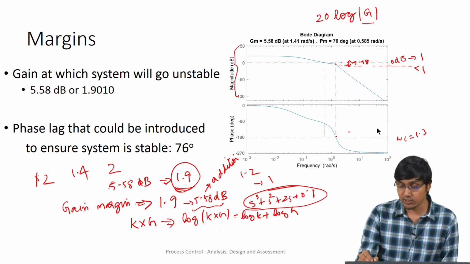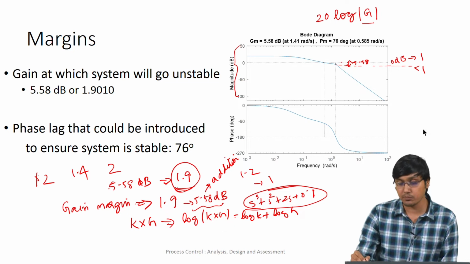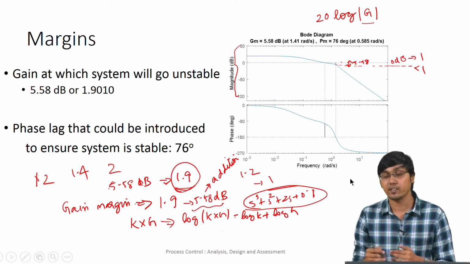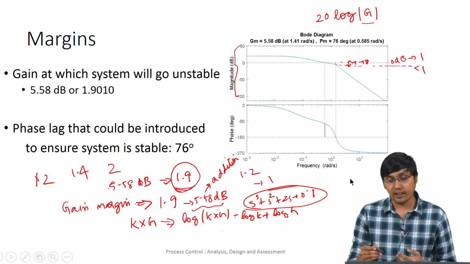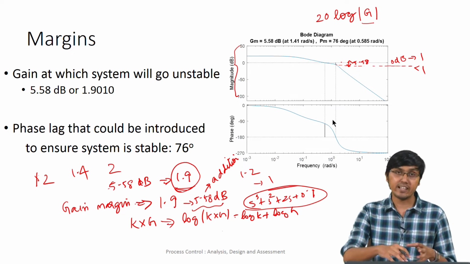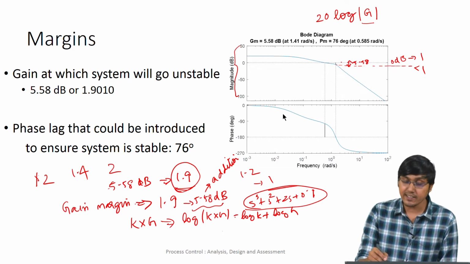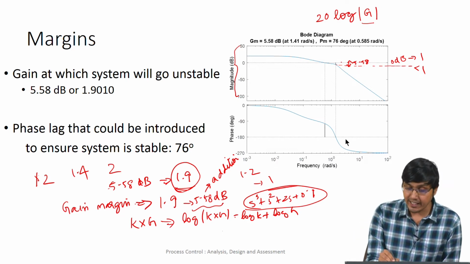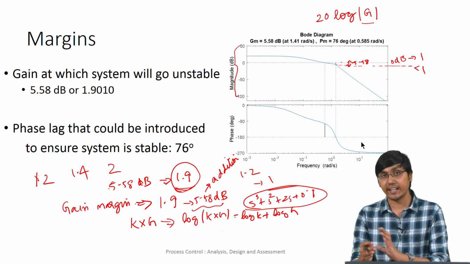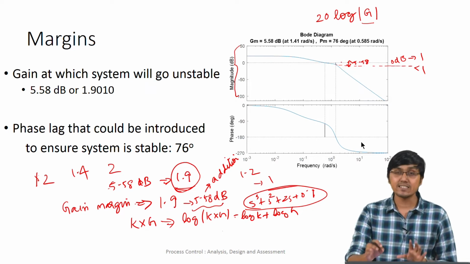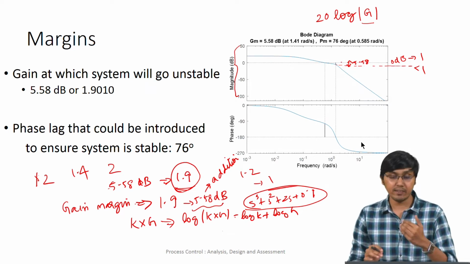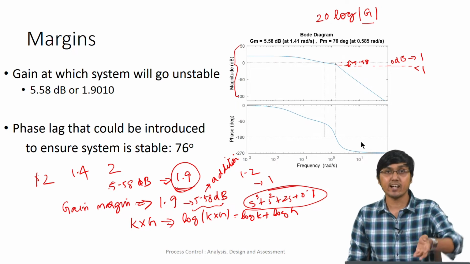Now I assume that I made some mistake in modeling, so even this phase plot is inaccurate. Something else is going to happen so that this phase diagram is going to change. So what is the phase lag I can introduce so that this system will still be stable?